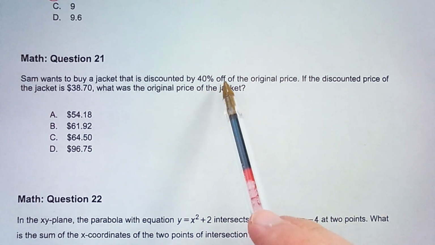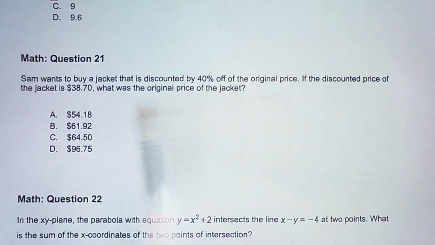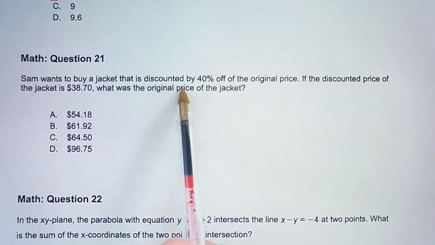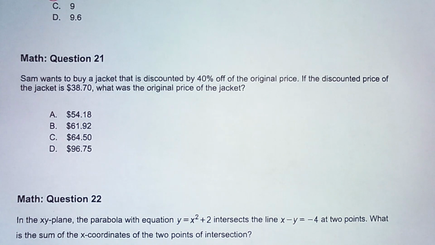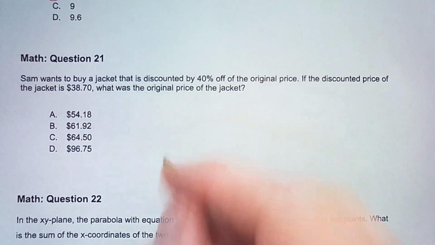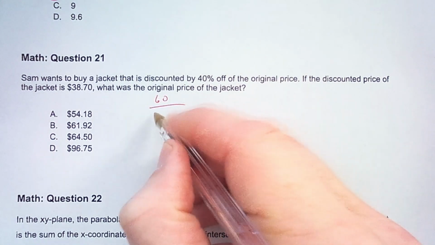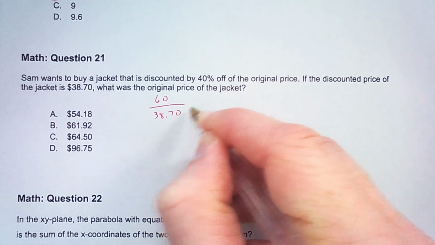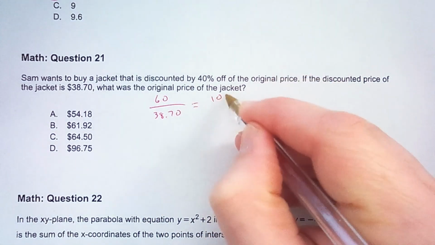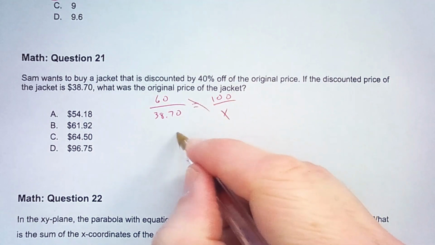Number 21, Sam wants to buy a jacket that is discounted by 40% off of the original price. If the discounted price of the jacket is $38.70, what was the original price of the jacket? Okay, so if the jacket was 40% off, that means Sam paid 60%, and I'm going to write a proportion here. 60% is to $38.70 as full price 100% is to what?